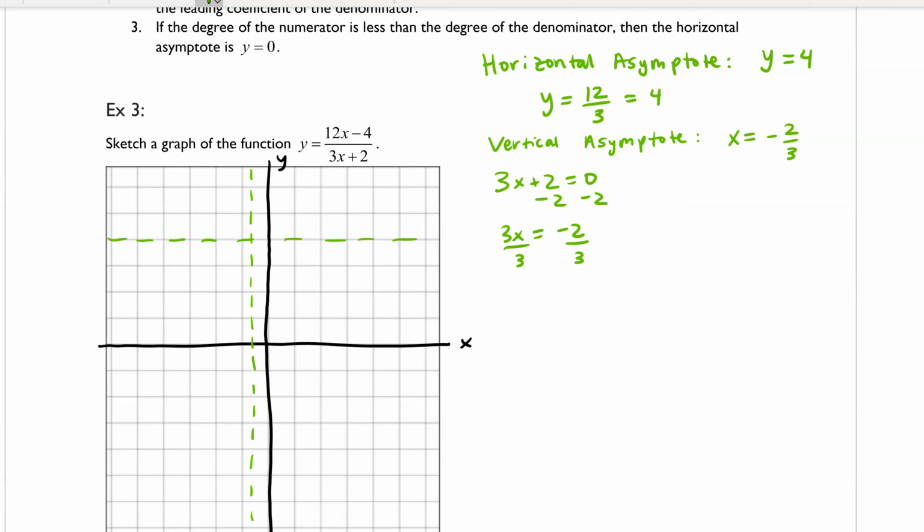Okay. One other thing that would be helpful is to see if there are any x and or y-intercepts. So let's start with the y-intercept. I'm going to plug in 0 into our equation and see what happens.